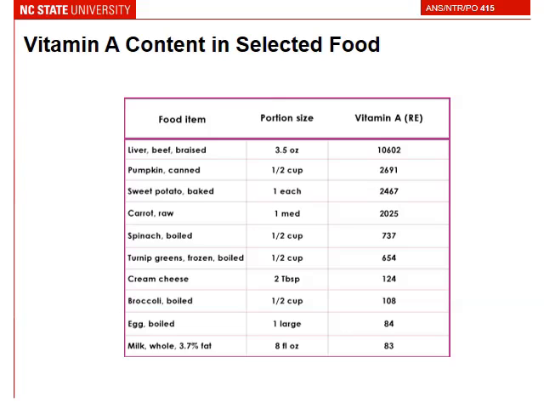And here you can see our eggs and our whole milk. They do have some vitamin A, but it's not going to be significant amounts. So if you're really concerned, having a little bit of animal liver will increase your vitamin A levels.